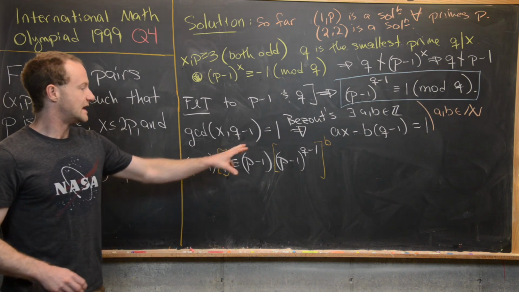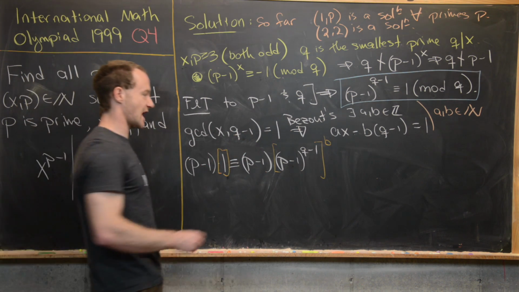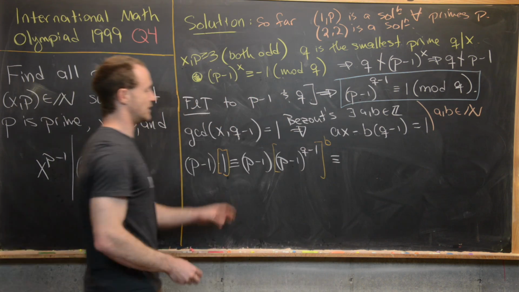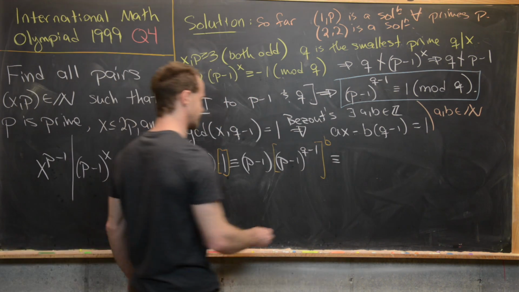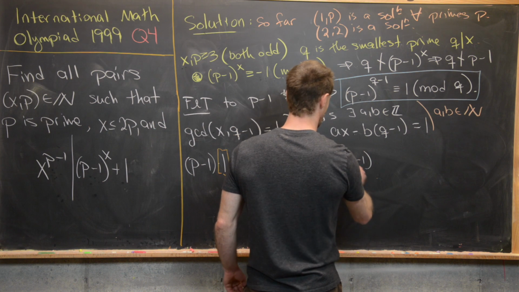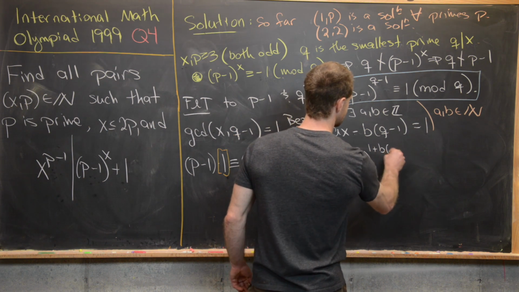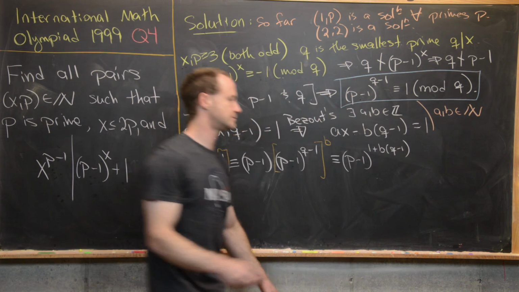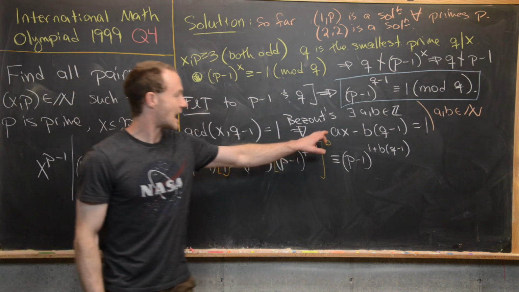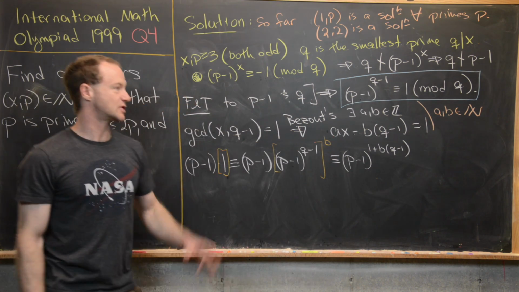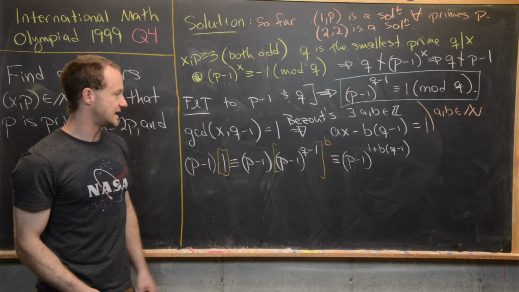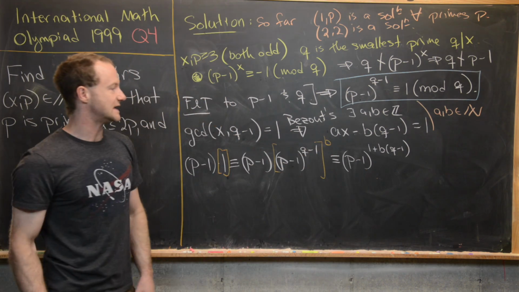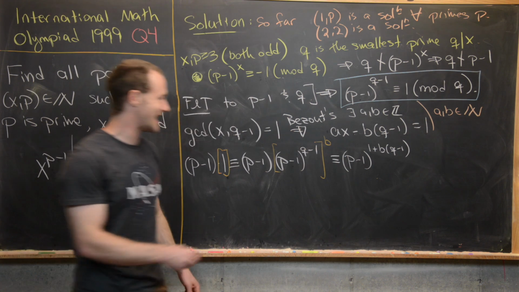Okay, great. Now what we want to do is simplify this with exponent rules. Via simplification with exponent rules, we see that this is going to be p minus 1 to the 1 plus b times q minus 1. Great. But now using this right here, which we derived from Bézout's identity, we know this 1 plus b times q minus 1 is equal to ax.